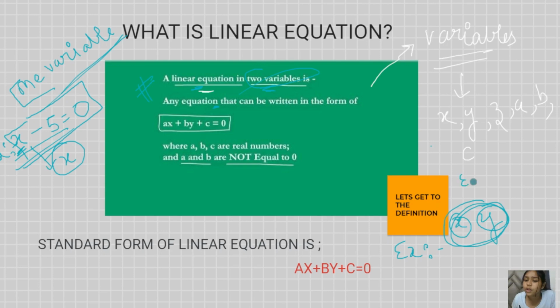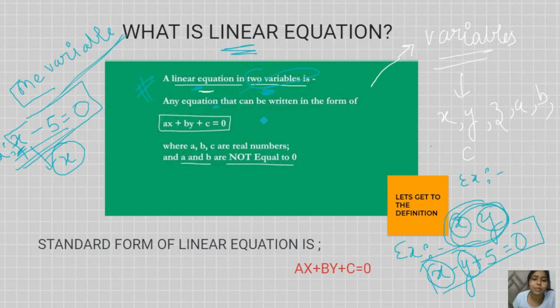For example, it can be written like x minus 5y plus 5 equals 0. So this is a linear equation in two variables, because it involves both the variables. Now we can also have a linear equation in three variables too, but that is not in your course right now. You just have to study linear equations in two variables.